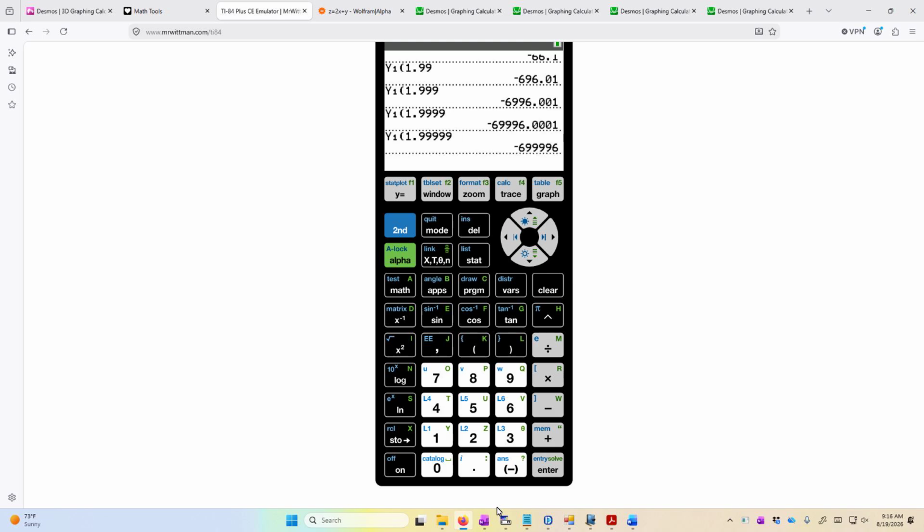Okay. What's happening with the y value? It just keeps getting larger, except it's negative, so it's really getting smaller and smaller.